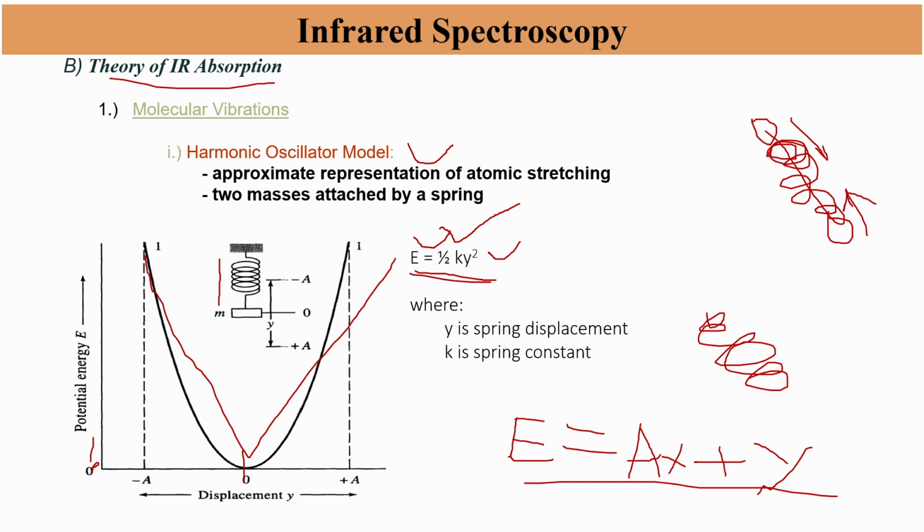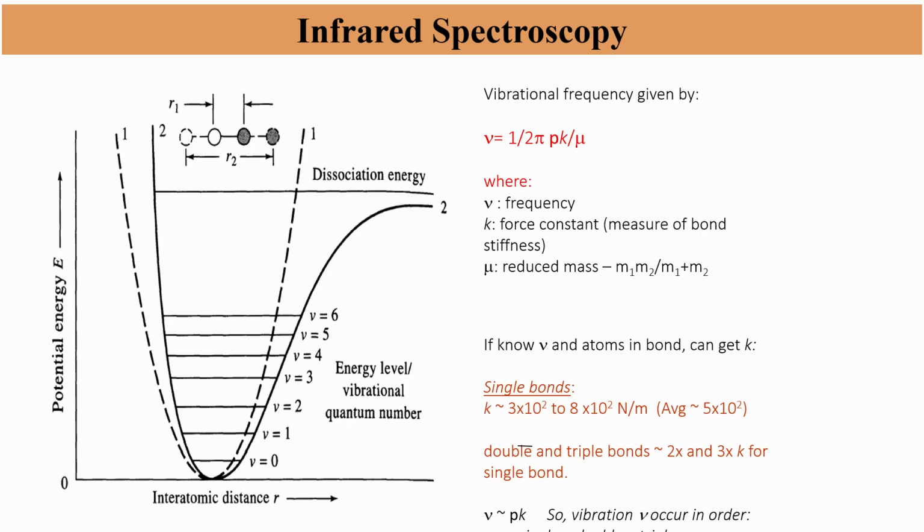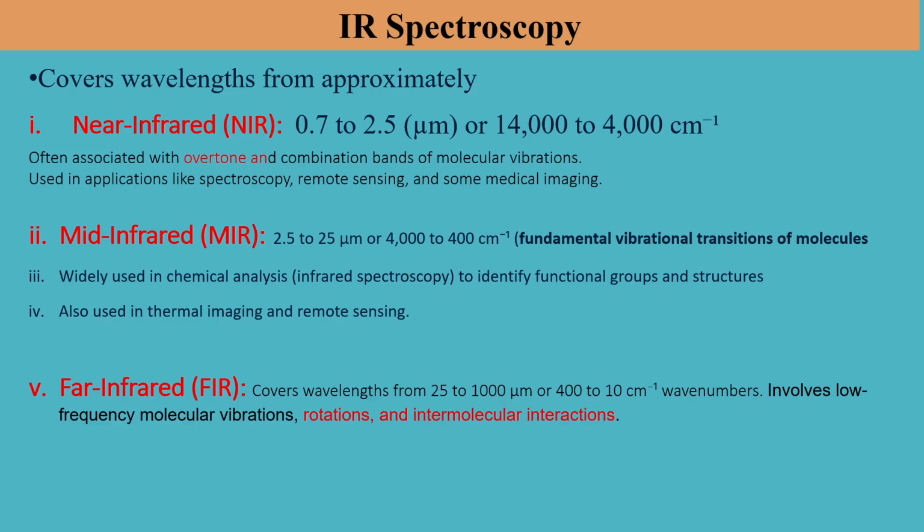Now this is another graph which I explain, but I will not go into detail. In IR spectroscopy, there is one range. The IR can be divided into three groups.